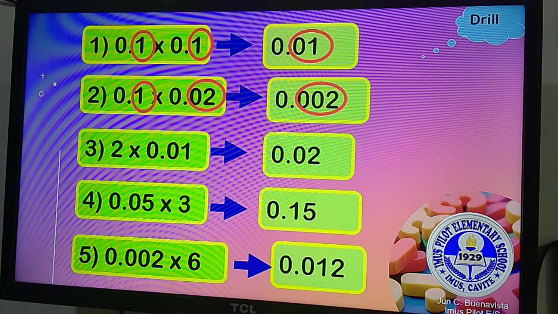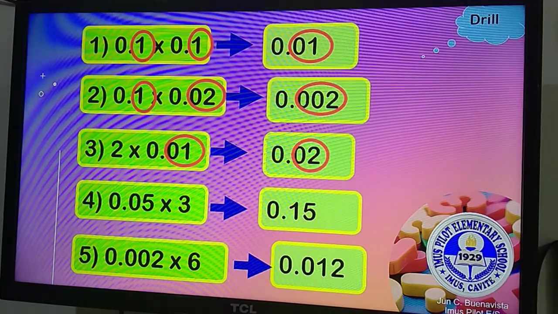Then number 3, we have multiplying a whole number by a decimal. Our decimal has 2 decimal places. So 2 times 1 equals 2, then the number of decimal places is only 2. That is why 2.00 is the answer.